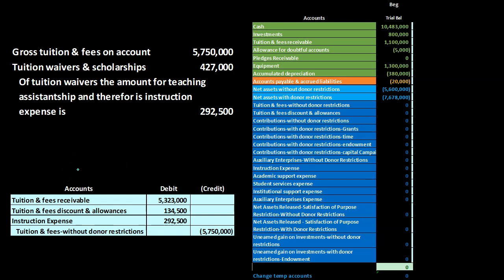And so we have on the left, the gross tuition and fees account for $5,750,000. Of those, we have tuition waivers and scholarships. So here's the total of the fees that we have, the $5,750,000. That's going to be kind of like the revenue that we will have. Of that amount, we have the tuition waivers of $427,000.